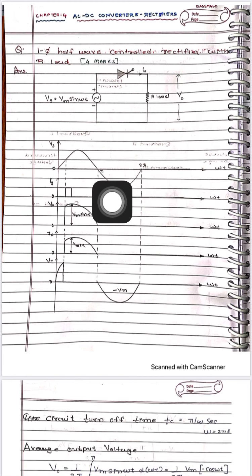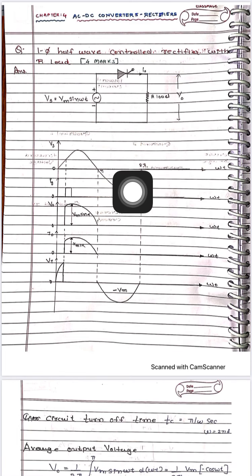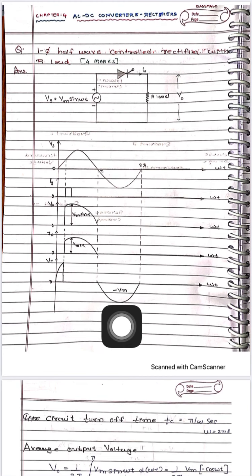Now, my half cycle is over, and the other half cycle is in reverse. So, the voltage appears in the reverse direction, and my switch is totally off. Why? Because the thyristor does not allow current in the reverse direction. It means the voltage appearing across the switch is maximum, but in the negative direction. So, you can see here that it is in the negative direction.